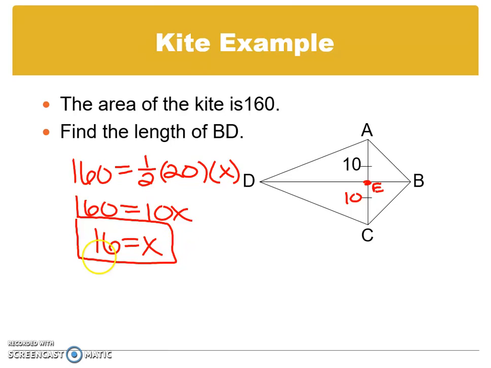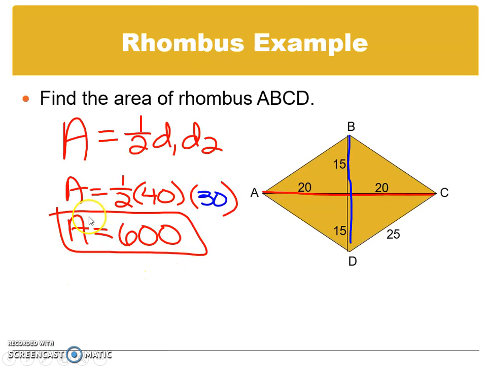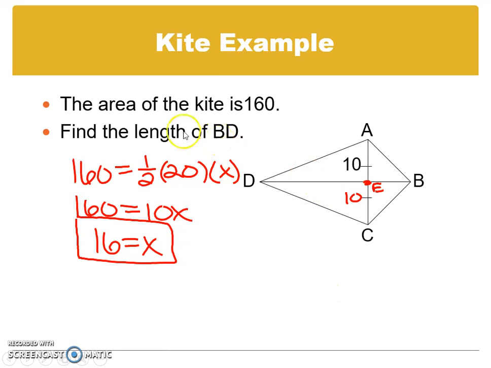Let's look at the kite. Kite has the same formula as this, half times D1 times D2. So the area of the kite is 160. So write 160. They're giving you the area. Find the length. So we're going to do half times D1 times D2. D1 is right here. D2 is right here. That's the height of this kite.